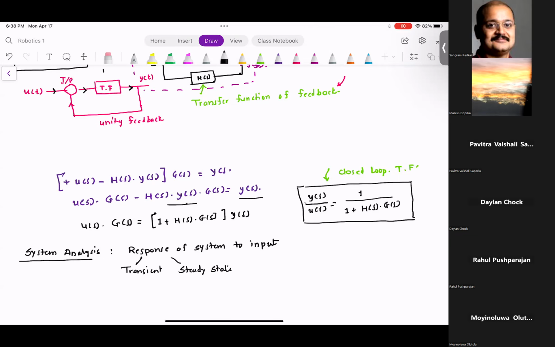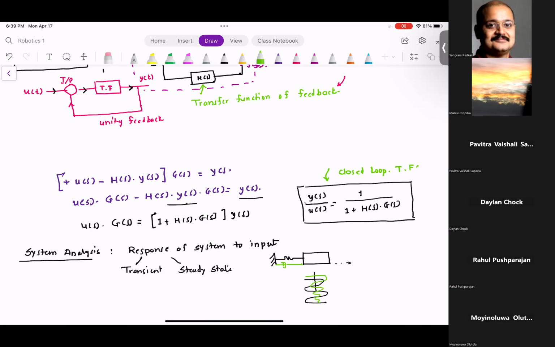Imagine you have a spring mass system, and if you perturb this system, it is going to oscillate back and forth. But imagine if you add a damper to this system, the response is going to die down.